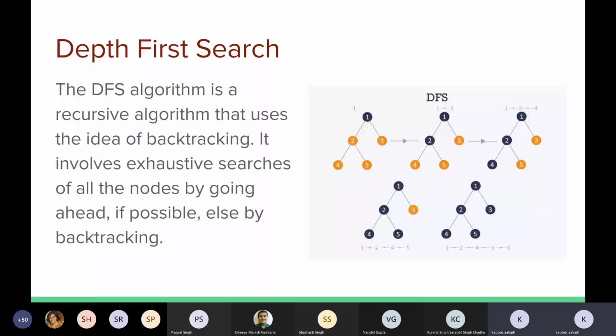Let's say given a starting node, it is connected to different nodes. What you want is to explore every subgraph, but in full depth first. And then you just come back, do the same for the second, do the same for the third, and so on and so forth.